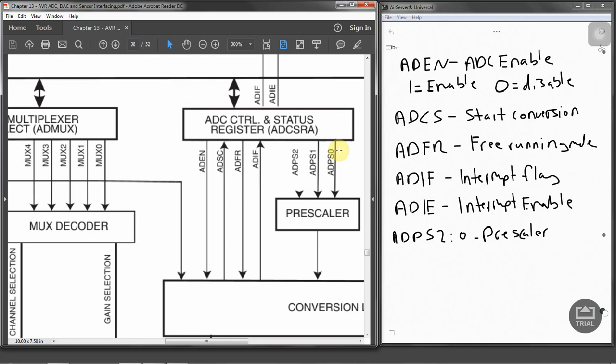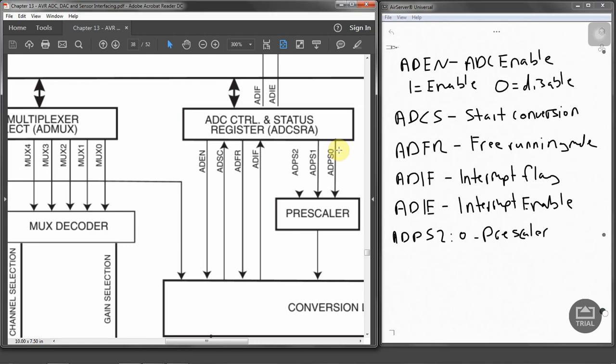So the ADC requires a clock to make a conversion. And generally, the clock has to be between 50 kilohertz and 200 kilohertz. And as our system clock is generally 10 megahertz or 8 megahertz or 16 megahertz, we have to prescale it down to less than 200 kilohertz, to have the best accuracy.